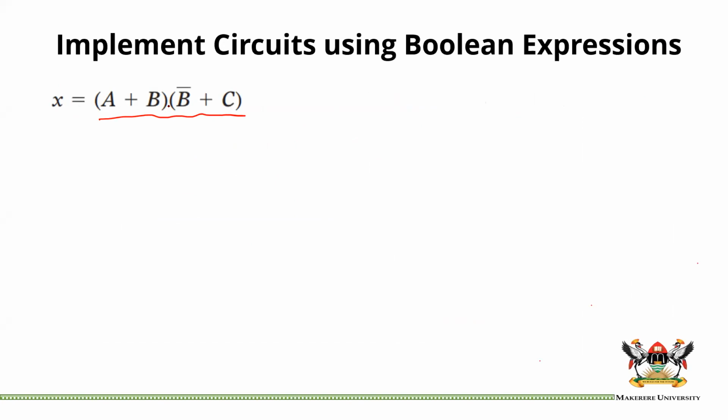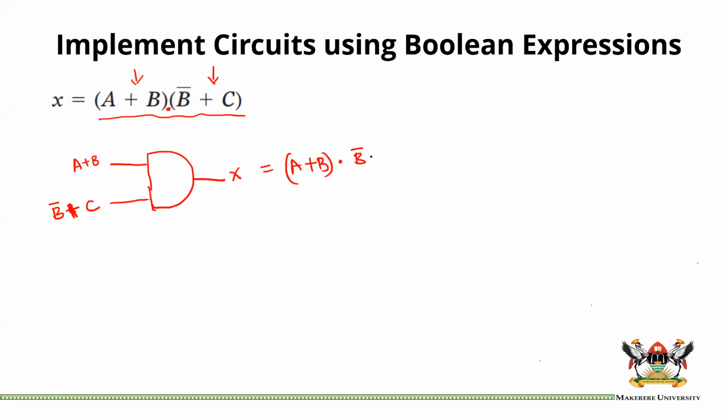So what you need to do is, first of all, to identify what is happening here. Here you have an AND. So that means we are going to have an AND gate. And an AND gate, its 2 inputs are going to be A or B and that term, which is B inverse or C. And then obviously here you have your X being A or B and B inverse or C. Now, what do we need here?